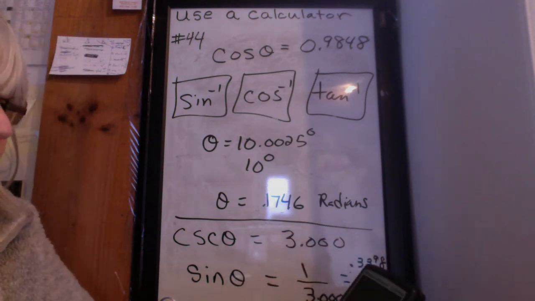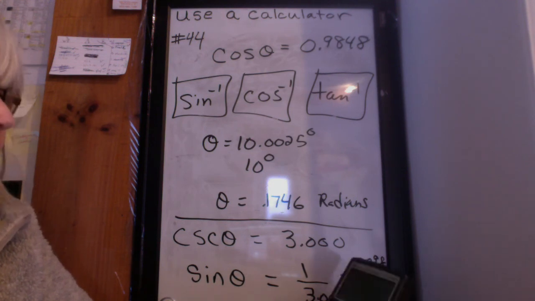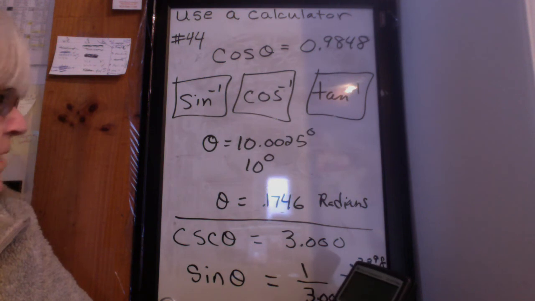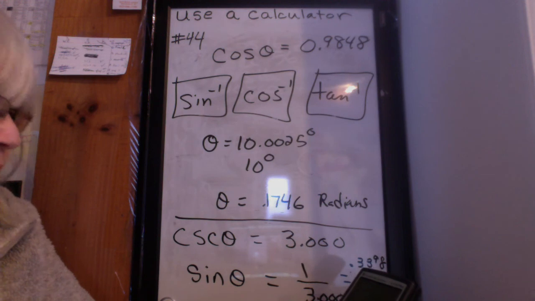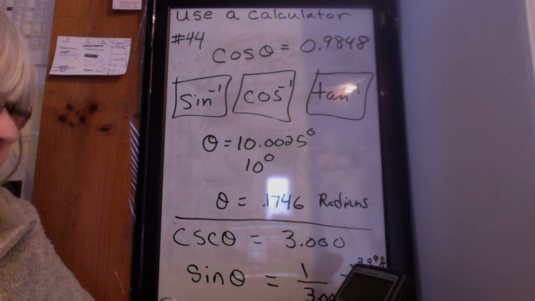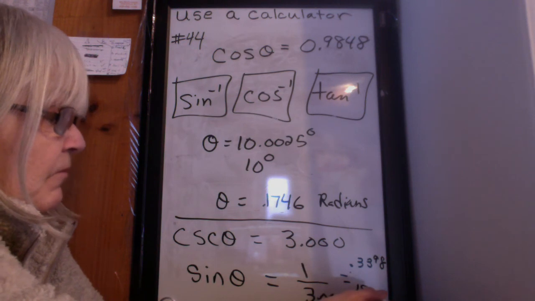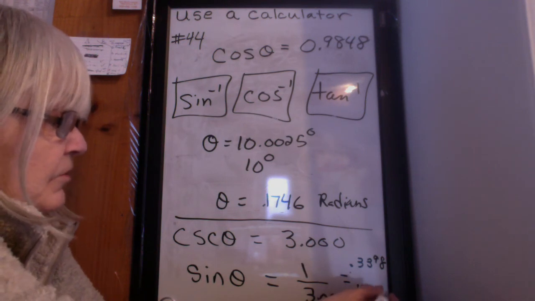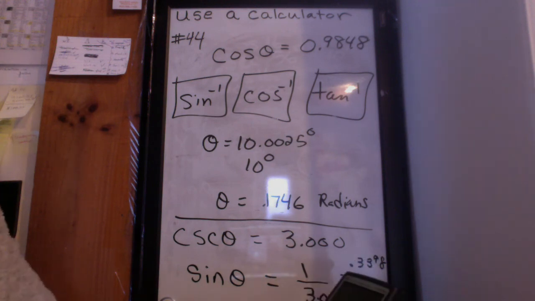So let's change my mode. Let's go back to degrees, enter. All right, clear it out. So now I'm going to do the sine inverse of 1 divided by 3.000, and I get 19.47 degrees. I could change it to radians and see if I got the right radians.